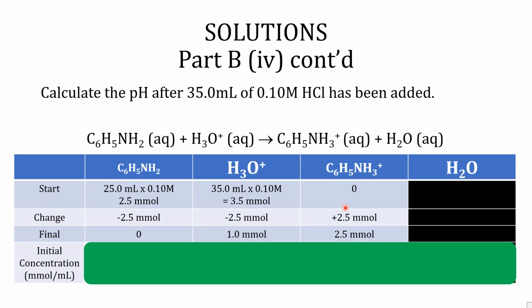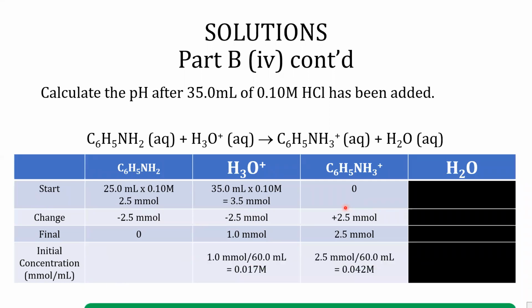The molarities are as follows. H3O+ is 0.017 molar, and C6H5NH3+ is 0.042 molar. One can determine the pH of this solution since H3O+ is in excess.